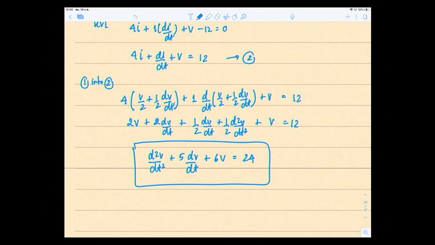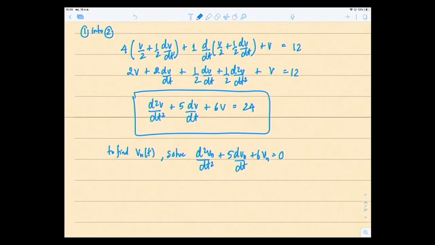So to do that, you set f of t equal to 0. So therefore, to find Vn of t, you have to solve d²Vn/dt² plus 5 dVn/dt plus 6 Vn equal to 0. Change it to the characteristic equation: s² plus 5s plus 6 equal to 0.